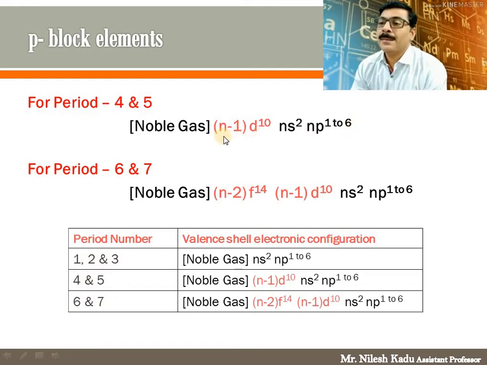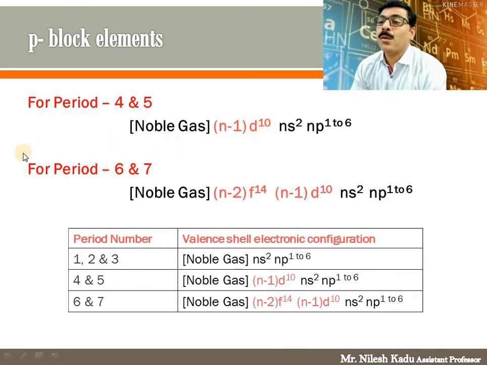Here for the 4th and 5th period the d orbital is completed and the (n-1) d orbital contains 10 electrons, so you mention (n-1)d10.